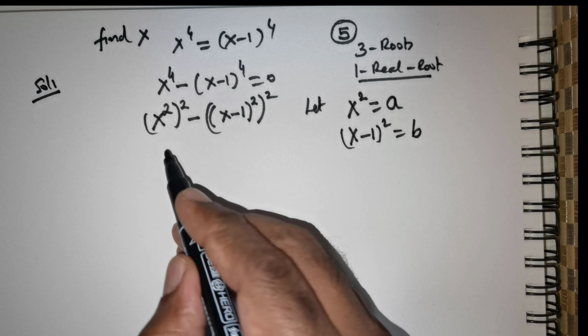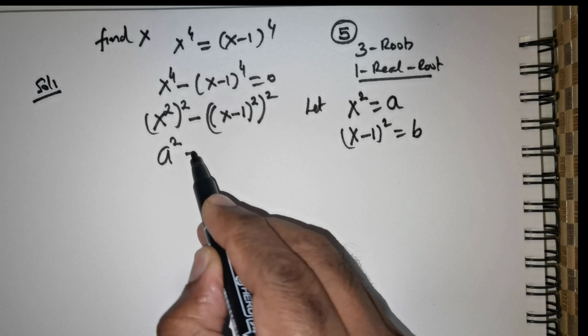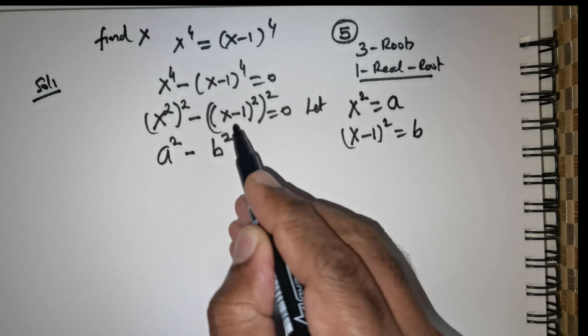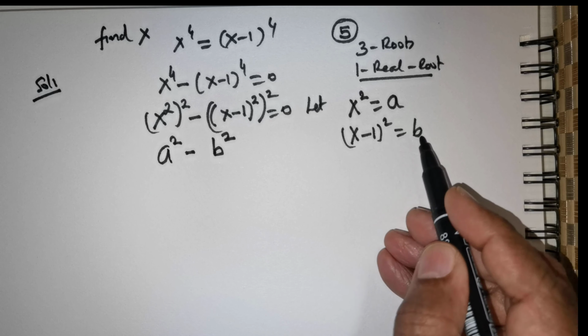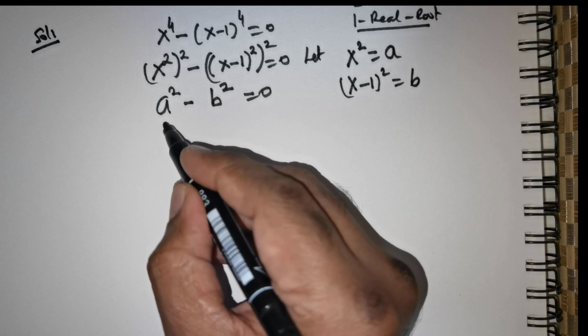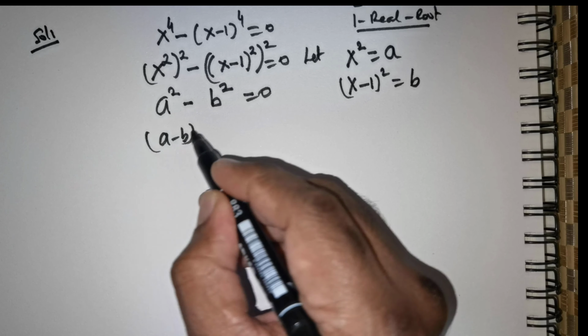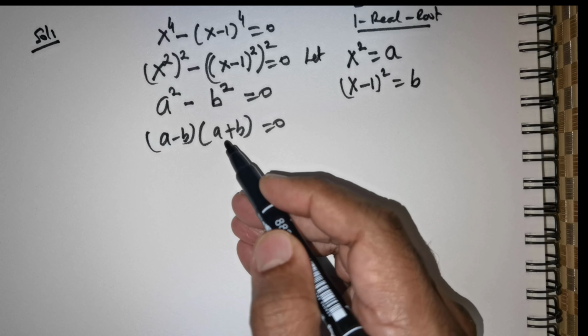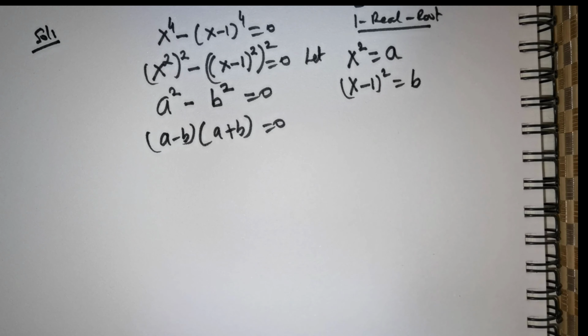So if I were to do that, I would get a squared, of course this is equal to 0, minus b squared, right? (x - 1) squared is b, so this is going to be b squared is equal to 0. Now we can rewrite this as (a - b) multiplied with (a + b) is equal to 0. Now I would like to revert them back to x and x - 1.